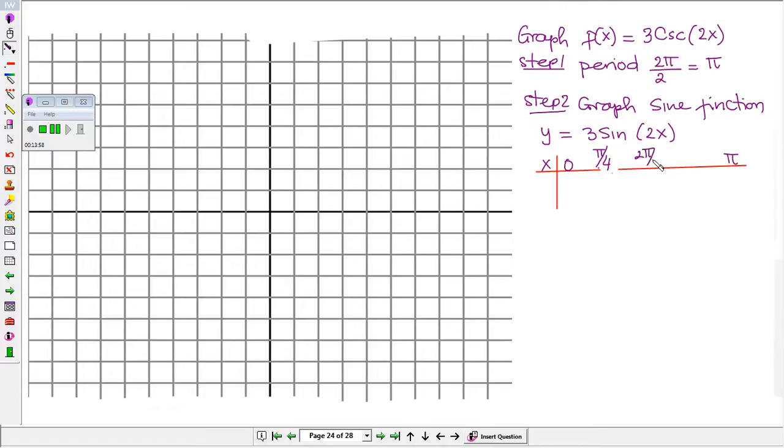So pi over 4, 2 pi over 4, which is the same thing as pi over 2, and then 3 pi over 4. Next, we will multiply each one of our 5 x values by 2. So that gives us 0, pi over 2, pi, and then 3 pi over 2, 2 pi.